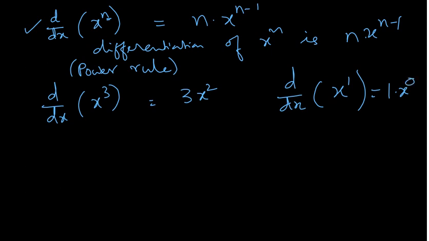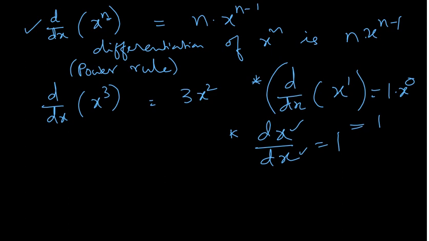Good. So the differentiation of x to the power of 0 is 1. So it's 1. This is the important thing. The other way to remember this also is differentiation of x by differentiation of x. See, this is also only x to the power of 1, right? So both are same, isn't it? Numerator, denominator, you will have 1.